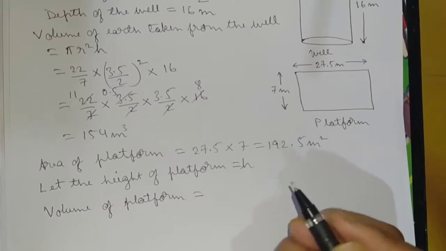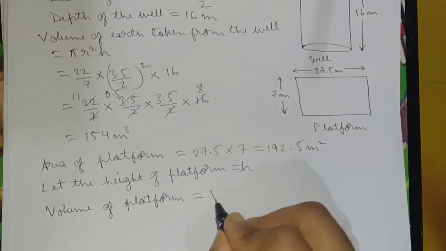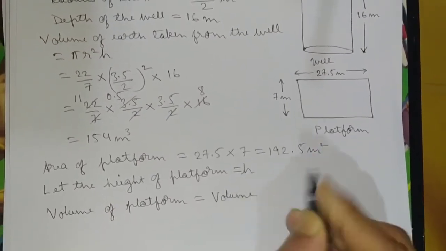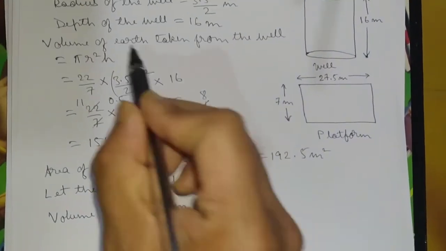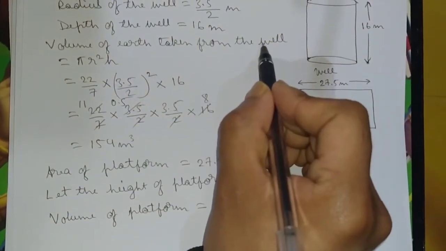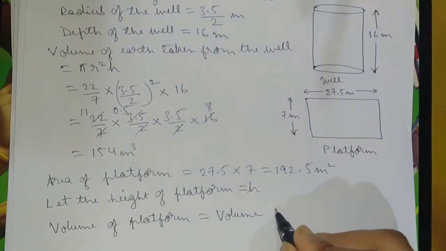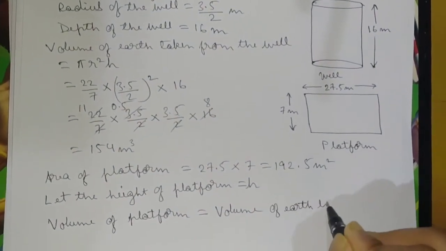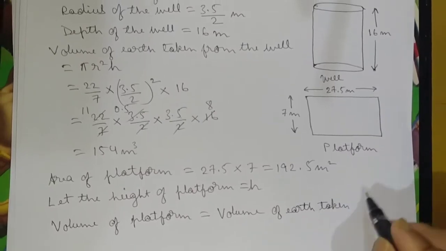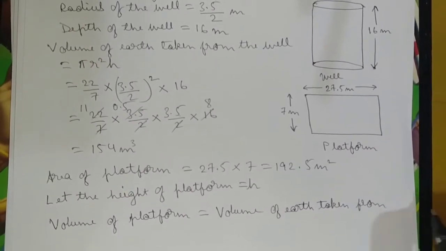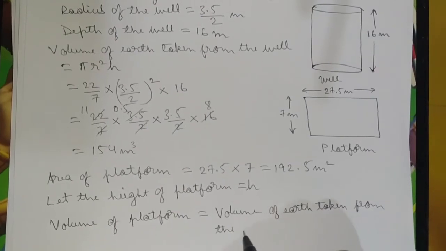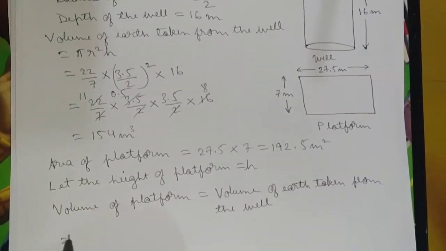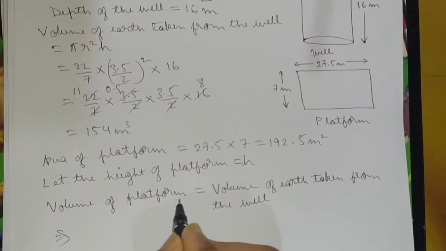Volume of platform is equal to volume of earth taken from the well. So volume of platform is equal to volume of earth taken from the well.